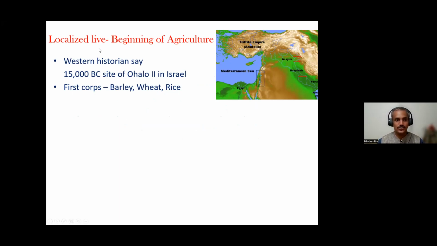So similar notions show up in the story of agriculture too. Western historians say the 15,000-year-old site in Israel is the first place where agriculture started. And they claim that the first crops humans learned to cultivate were barley, wheat, and rice.